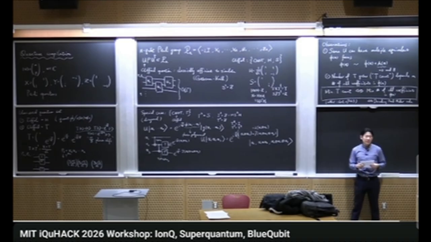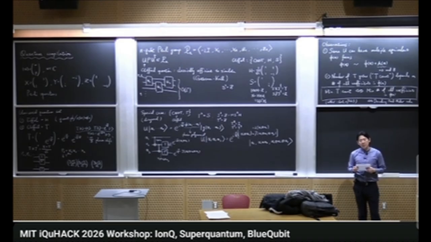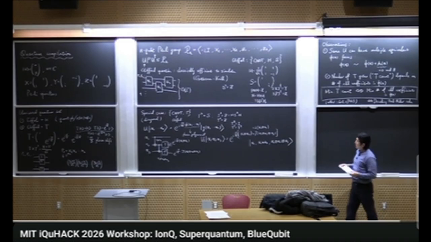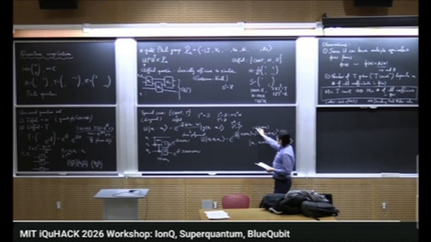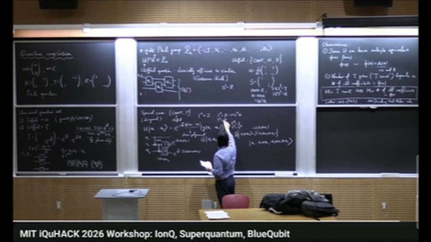So we want to know the number of odd coefficients, but how do you represent the even coefficients? You mentioned it, but can you just repeat? Oh yeah, the even coefficients come from these identities: T squared is S, T to the 4 is Z, and T to the 8 is identity. Let's stick with 1 qubit.